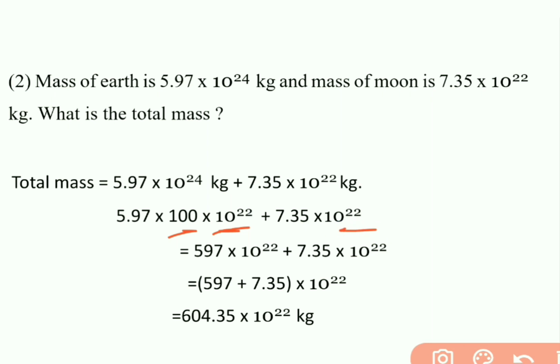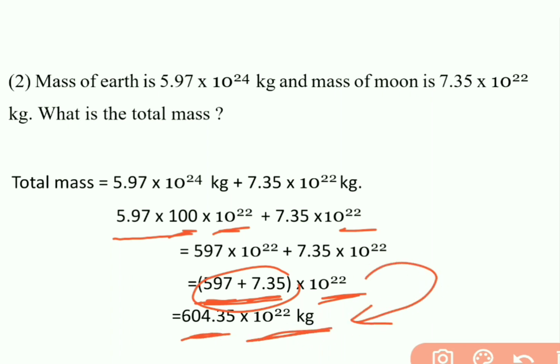Take 10 raised to the power 22 as common, and after that, by multiplying 5.97 by 100 you get 597, plus 7.35 in the bracket into 10 raised to the power 22, and this is equal to 604.35 into 10 raised to the power 22 kg, and hence we find the total mass, means the sum of the mass of Earth and the mass of Moon, which is written on the screen.